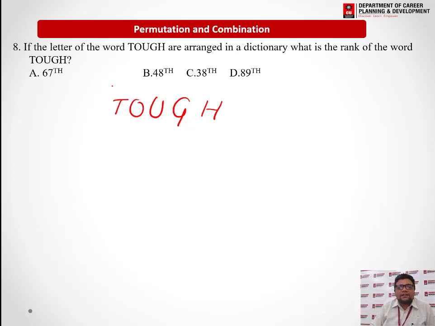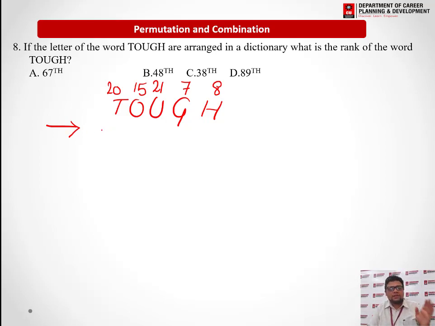According to alphabetical order, the position of T is 20, U is 21, G is 7, H is 8, and O is 15. Firstly, we will move from left to right.